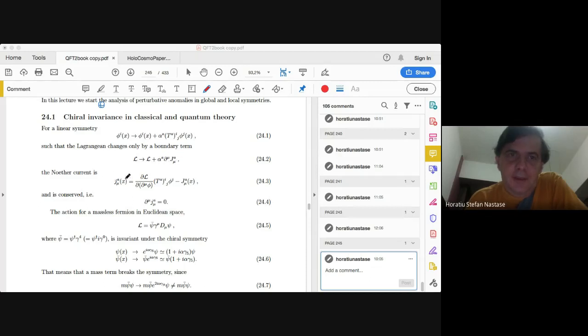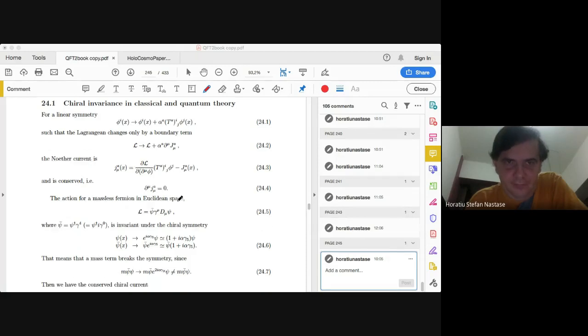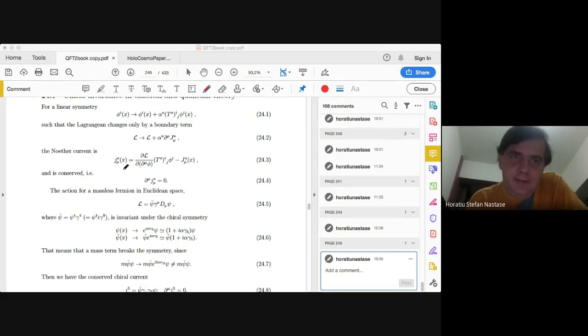And then the Noether current is the variation with respect to d mu phi, times the generator times phi, minus this total derivative. And then this Noether current is conserved, meaning d mu j mu a is equal to 0.